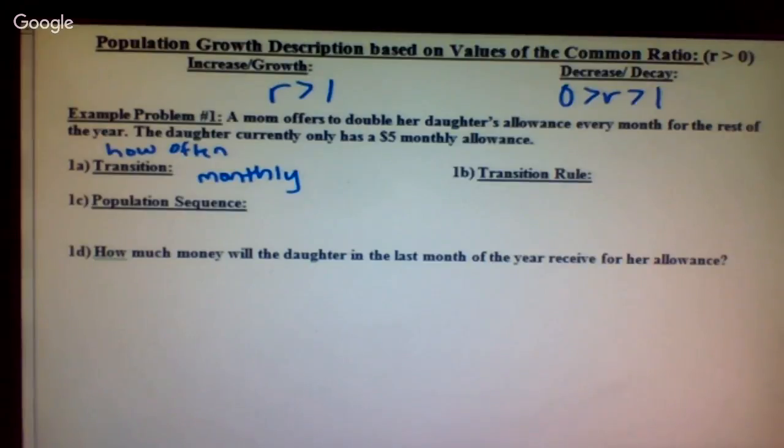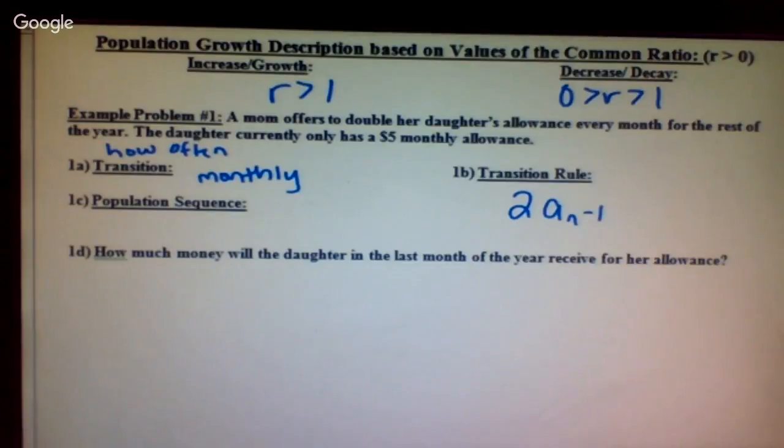My transition rule: what is happening? It doubles, times 2. It's doubling. So that means 2 times the number that comes before. You would multiply by 2 every time.